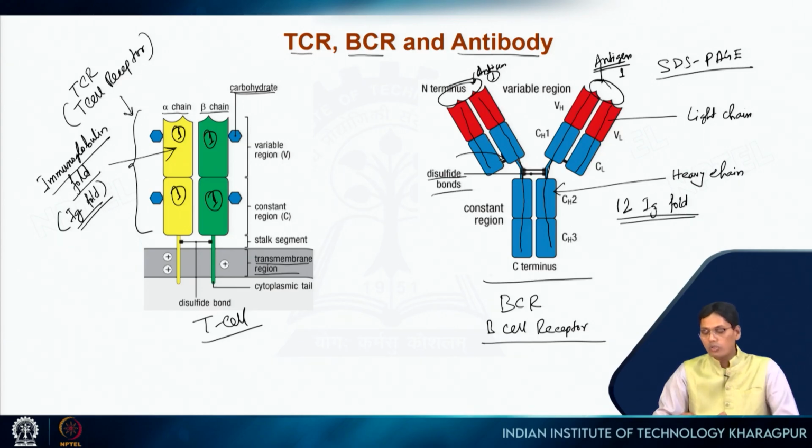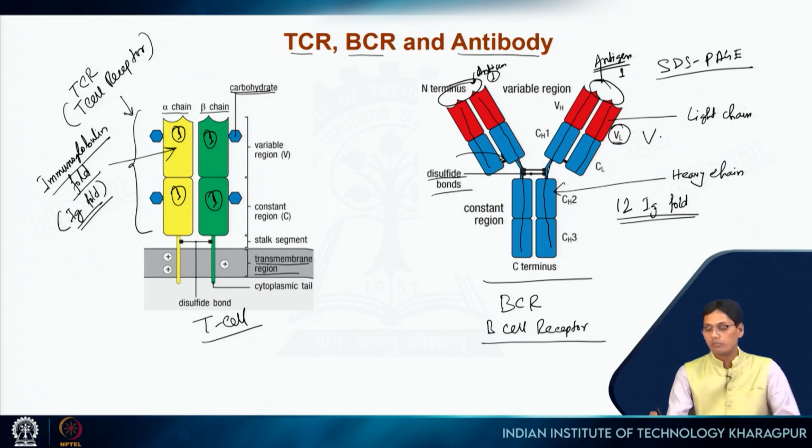I would also like to mention here that every unit here is an Ig fold. As I mentioned, 12 Ig folds, you can now understand from the figure why 12. And the terminal region here, which is capturing the antigen, is called the variable domain. This nomenclature is very important, because in future slides you will see something similar. VL means the variable domain of the light chain.